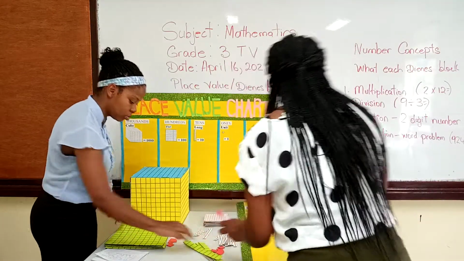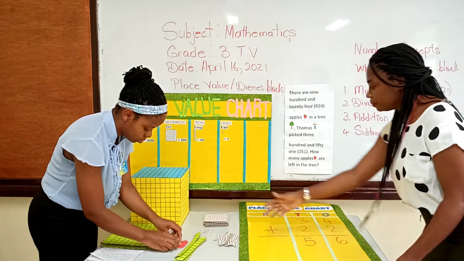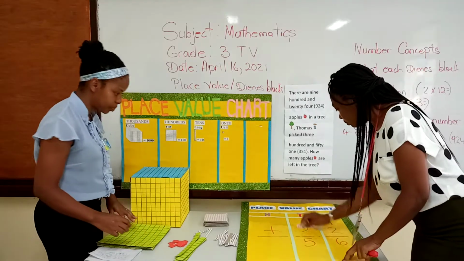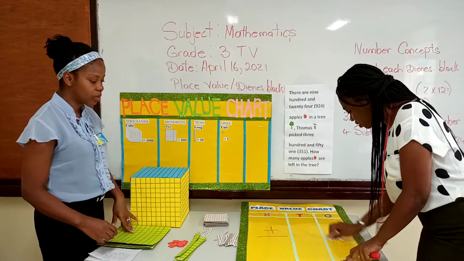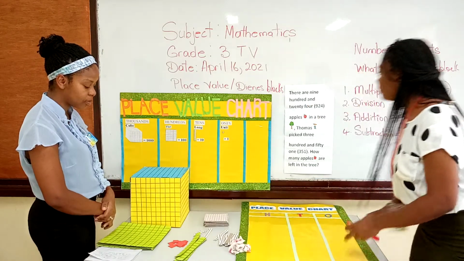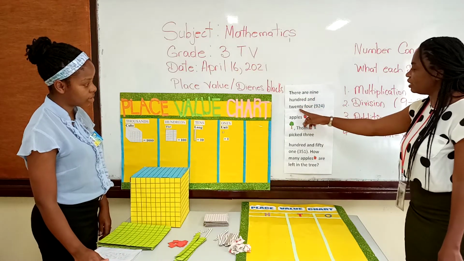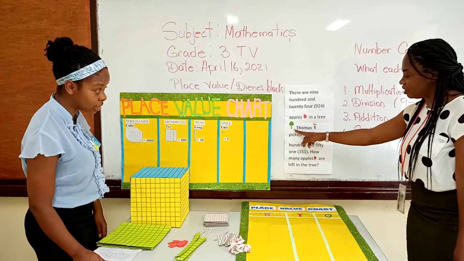Now we're moving on to our final problem, which is a word problem. And right here it says there are 924 apples in a tree.